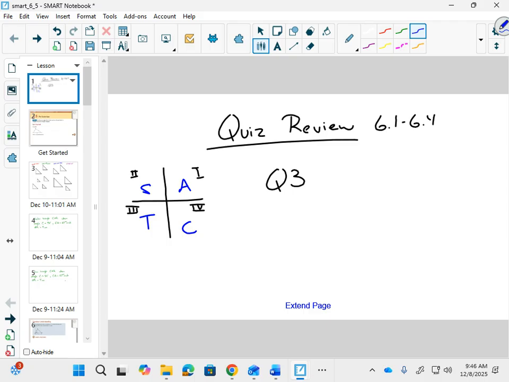So if I just pick one at random, if I say sine of theta is negative 1/3, and we want to solve for theta between 0 and 360 degrees, what would we have to do?